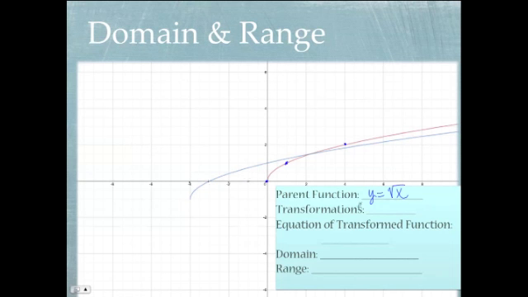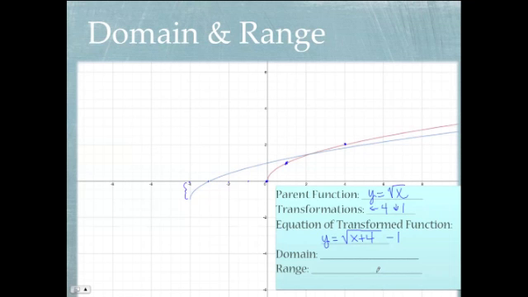So it went to the left 4, and it went down 1. There was no stretch and there's no reflection. So when I write the equation, I'm just doing it backwards from what you had a while ago. I know it's a square root. There was horizontal movement that went to the left, so +4, and it went down 1.